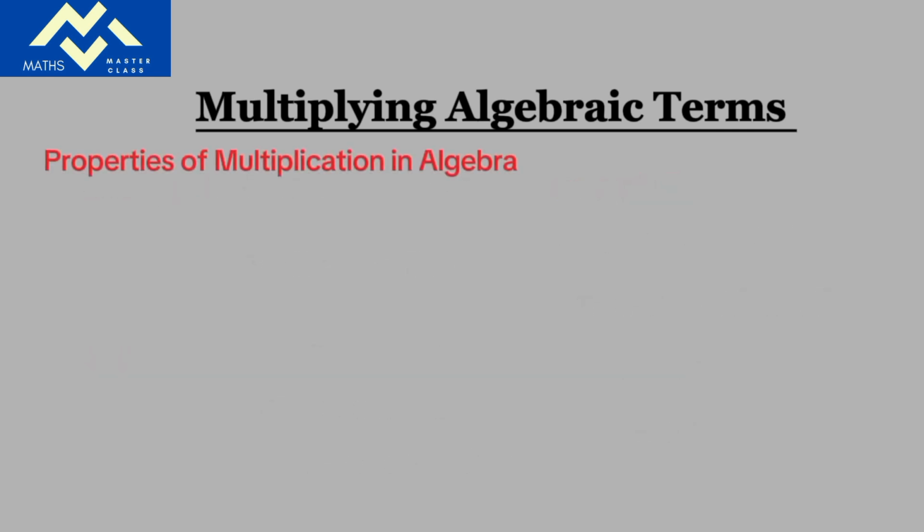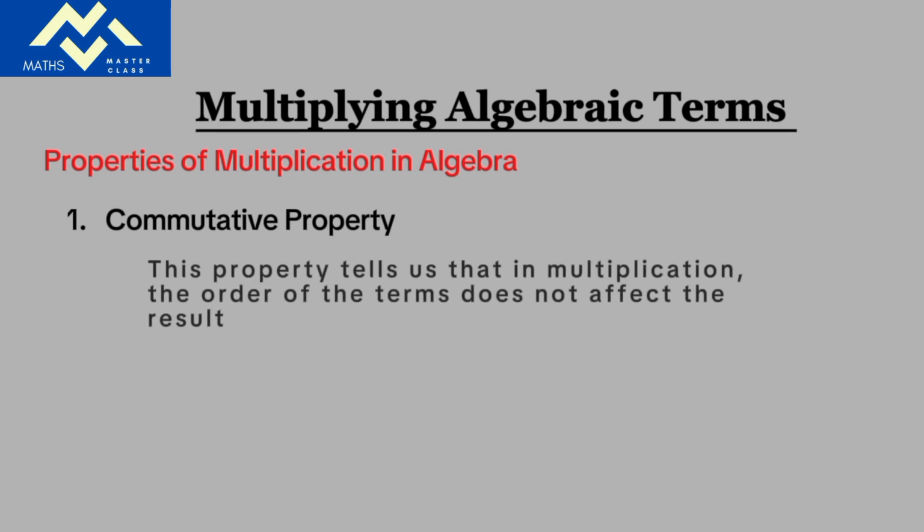Let's wrap this up with properties of multiplication in algebra. Now that we've practiced some examples, let's look at the rules that always hold true in multiplication. 1. Commutative property. This property tells us that in multiplication, the order of the terms does not affect the result. Example, 3 times x equals x times 3.